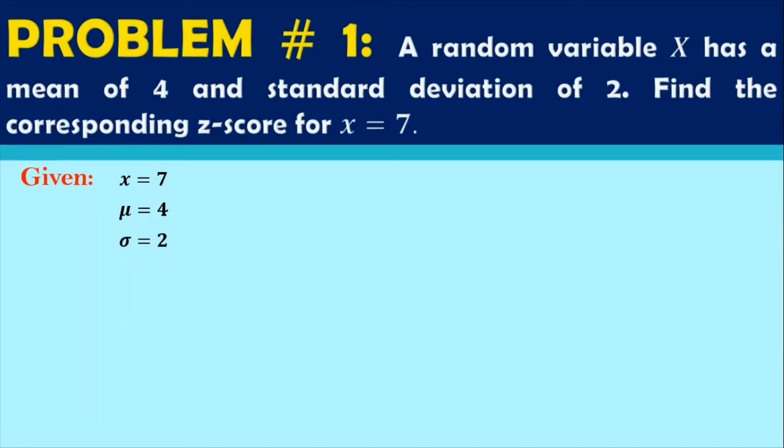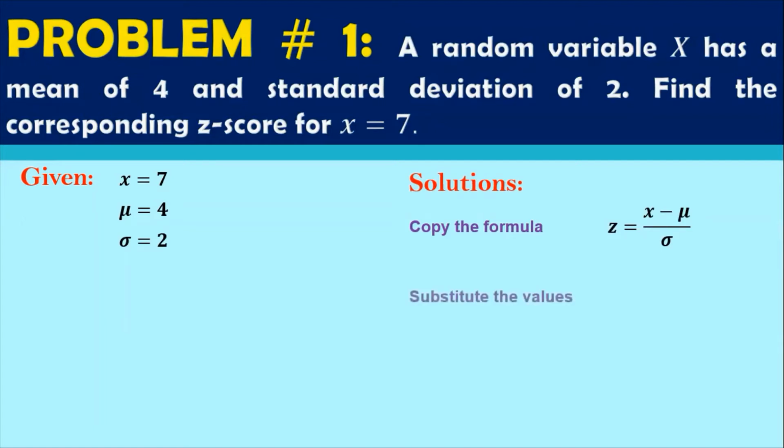So here are the steps in solving for the correct z-score of the given raw score. First is to copy the formula, which is z is equal to x minus mu all over the standard deviation. Next is to substitute all the given values to the formula. So we have z is equal to 7 minus 4 divided by our standard deviation, which is 2.